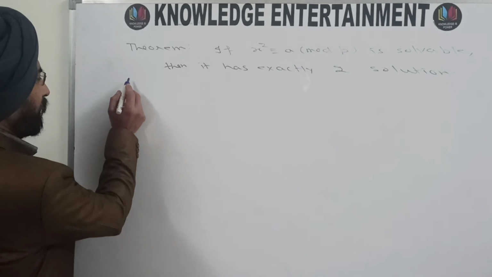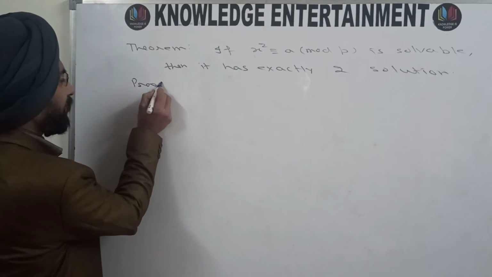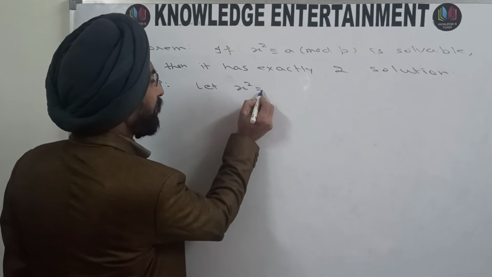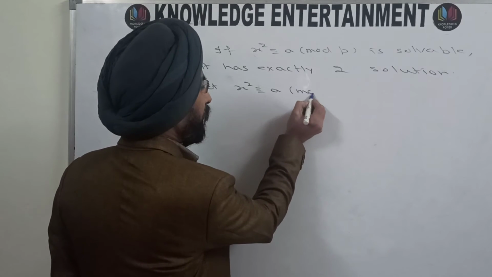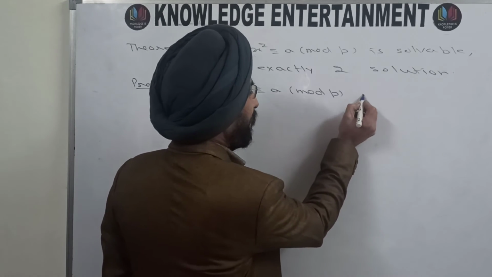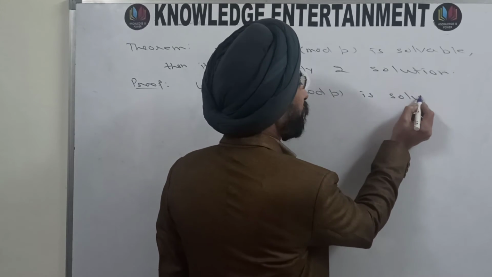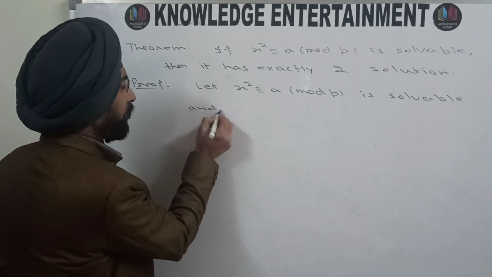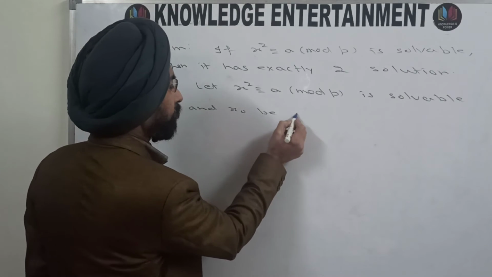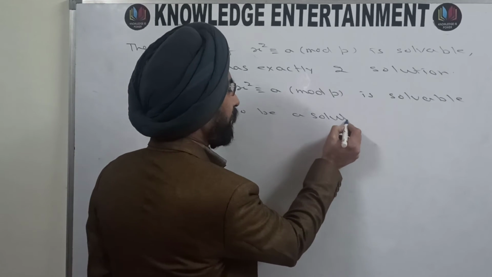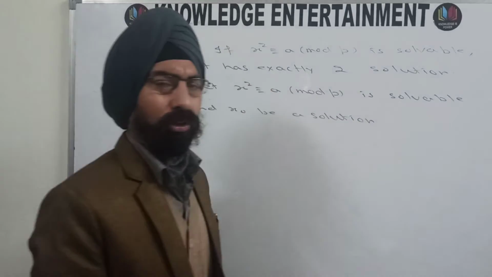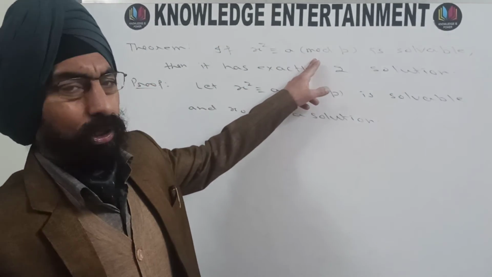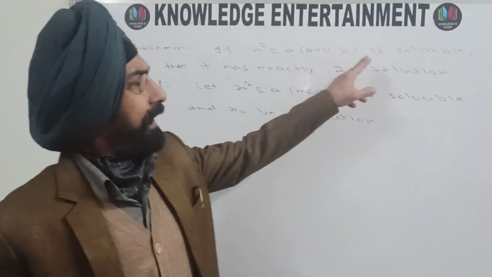So let us see the proof. Let x square be congruent to a modulo p, which is solvable, and let x not be a solution. We are given that this quadratic congruence equation is solvable.